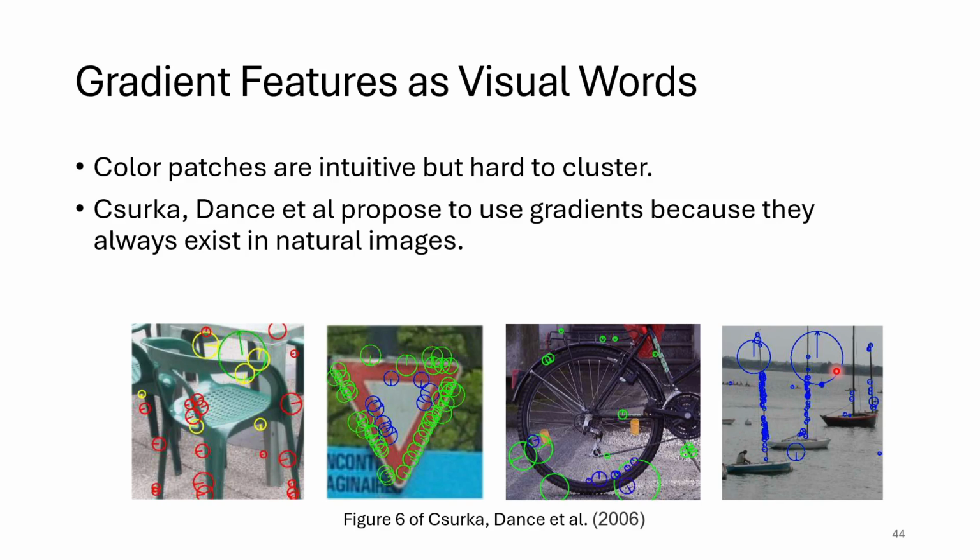It means, what is the difference between a boat image and the other classes? In a boat image, they will see a lot of vertical gradients. And what is the specialty of a road sign image? It means they will find many gradients along certain directions and their magnitudes.